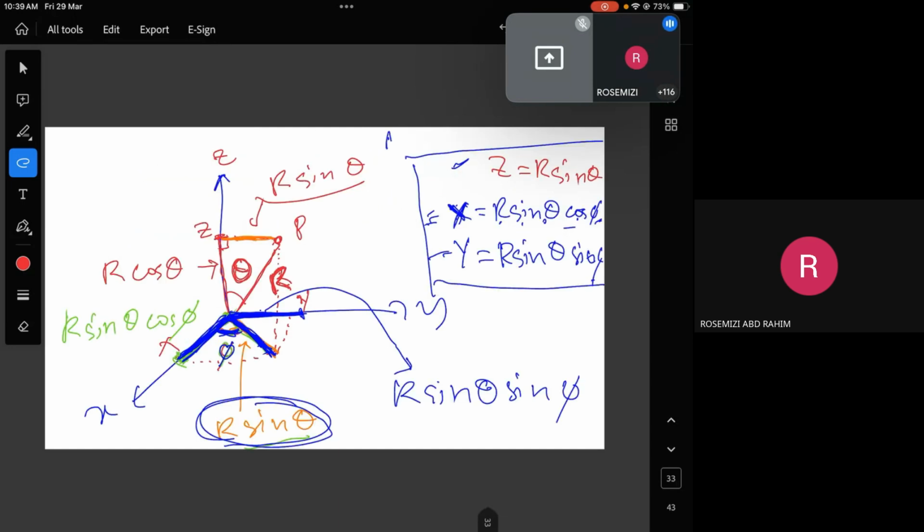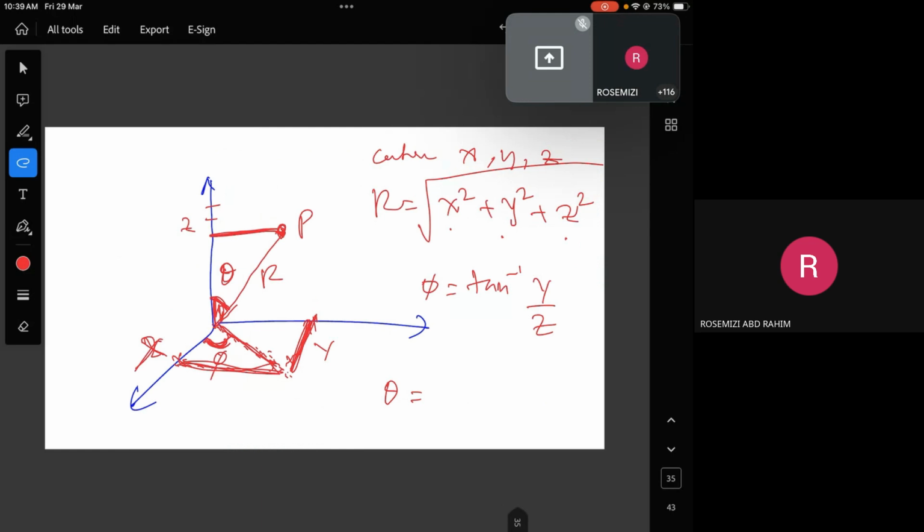Okay, r sine theta. This one is r cos theta. Okay, this tangent will be equal to this one divided by this one.